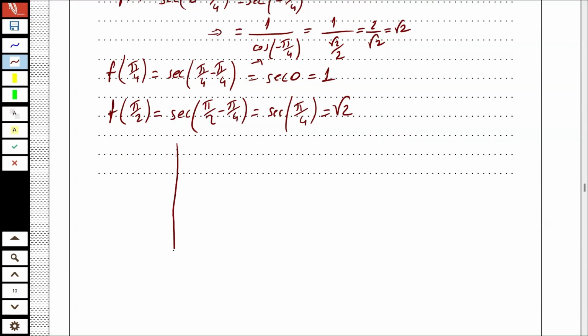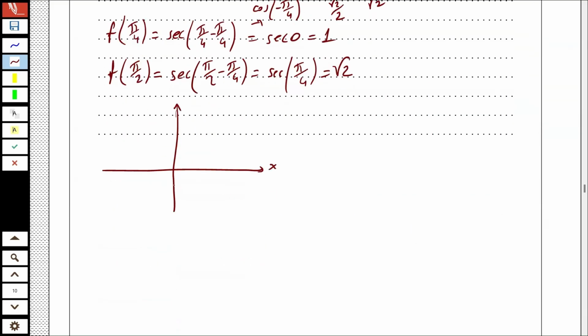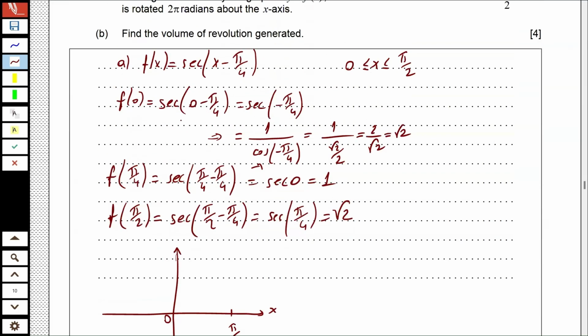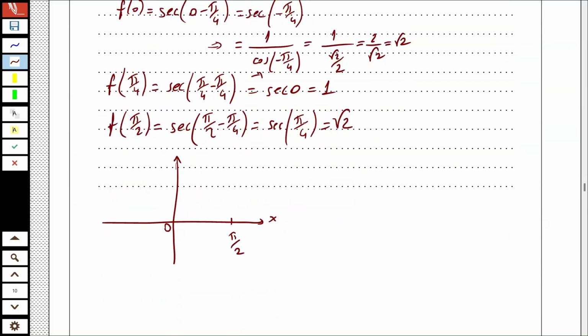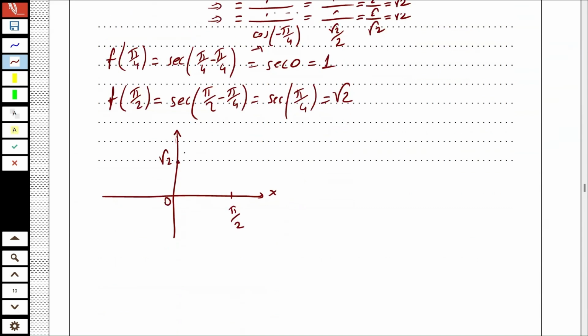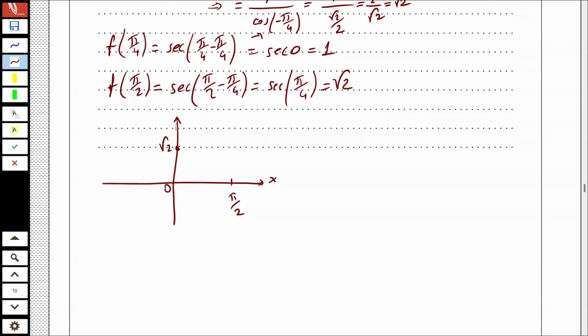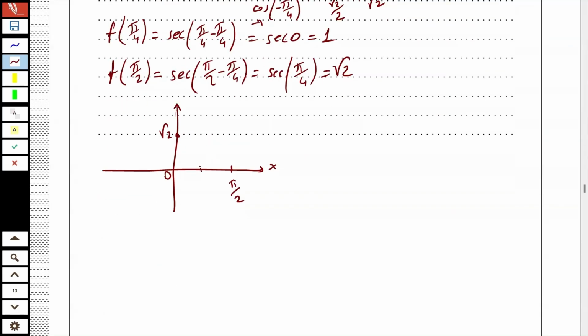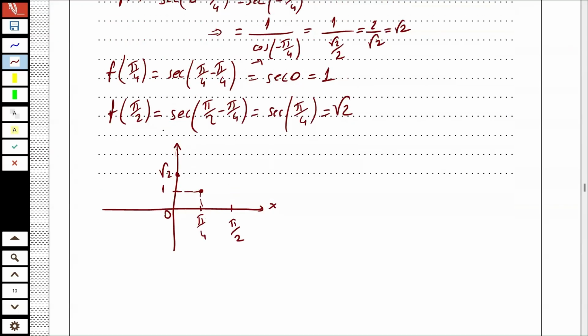If you draw the graph of secant with our domain between 0 and pi over 2, we substitute 0 and found square root of 2, and at pi over 4 we found 1.